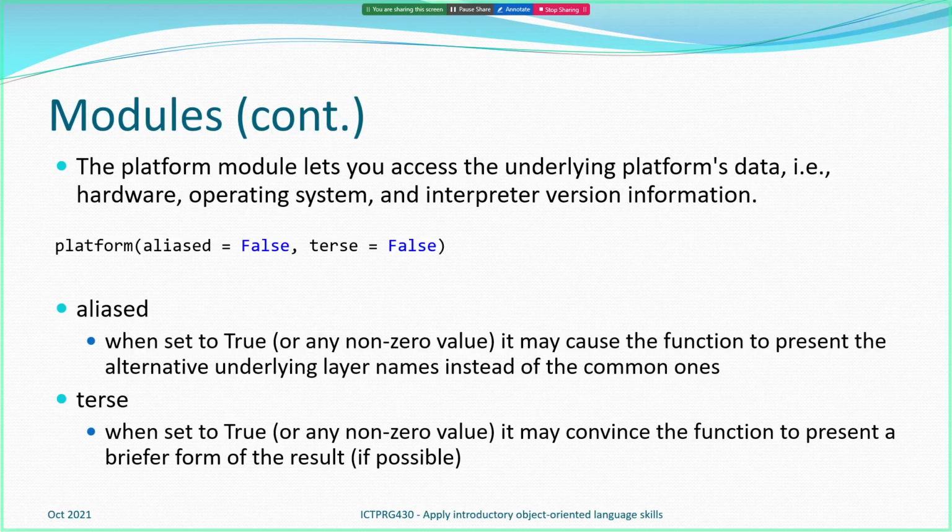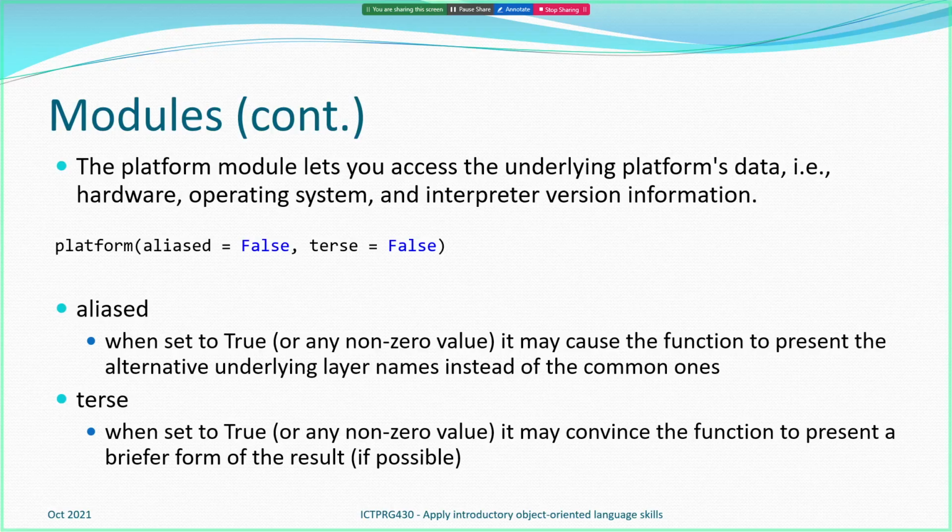So the platform will bring in different sets of information depending on these two variable set for the platform. When the first one is set, it basically brings a common name in.